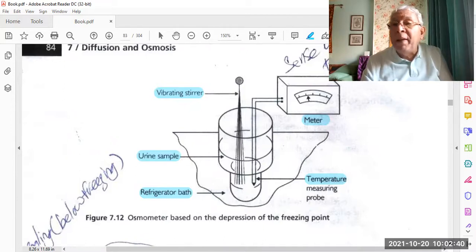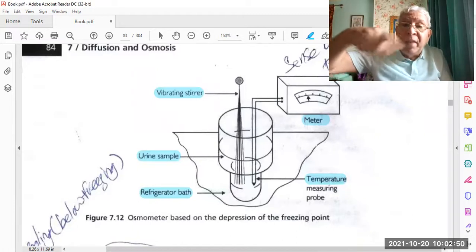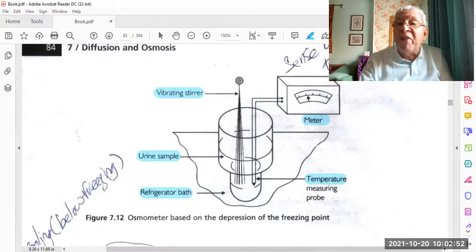Now we have a container, a glass cup, something like a cup. We put 2 milliliters of urine. We want to know the number of milliosmol present, and then we have a vibrating stirrer. Stirrer means we stir, and then we put it in a refrigerator bath. This refrigerator bath can create what we call supercooling.